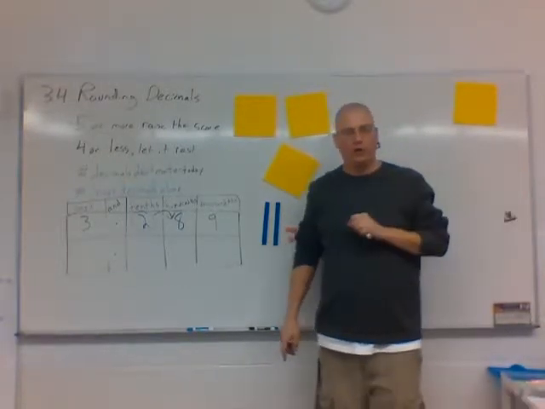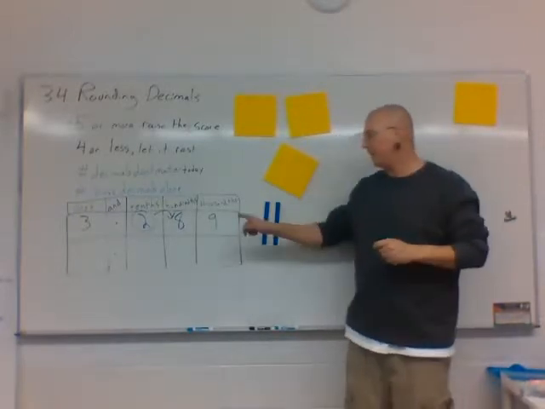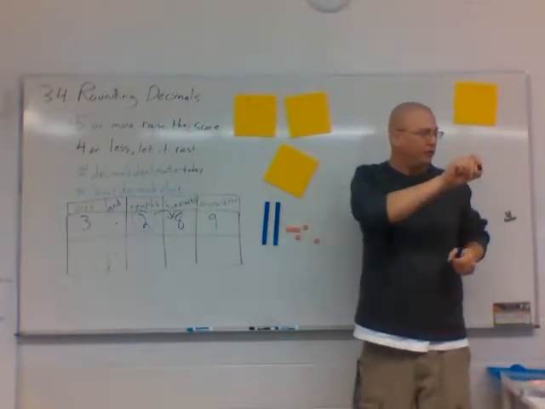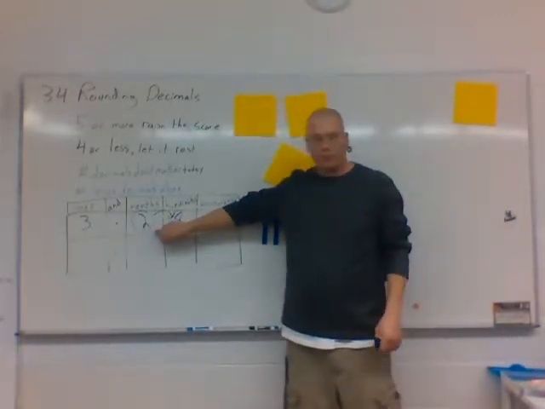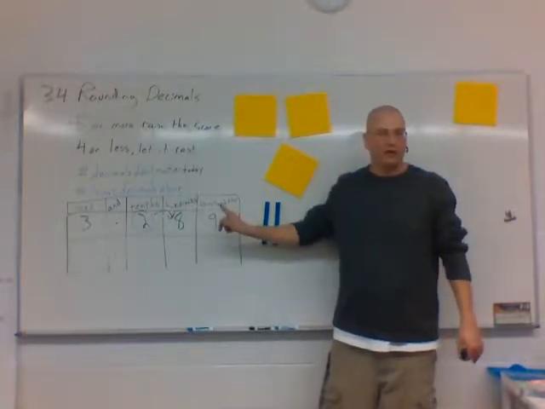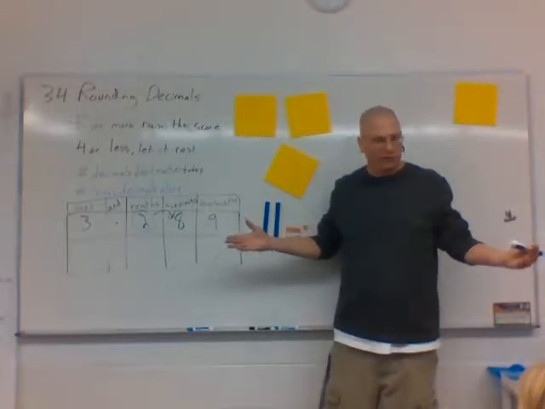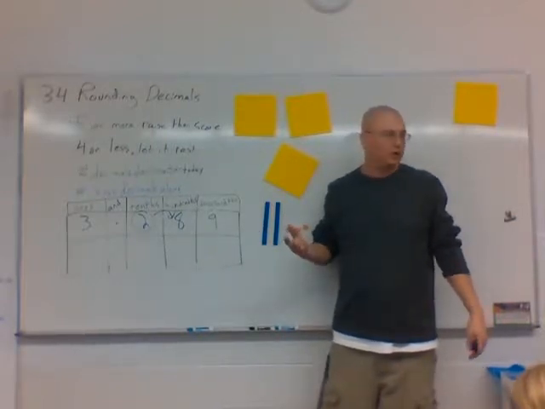But think about how little a thousandth actually is. If you could cut this into 10 pieces and take 9 of them, you still don't even have one of these, right? So if we are going to look at this place value and round it using this place value, is there enough stuff here to change our mind or influence us in any way? Or is it just a whole bunch of really little stuff that we're going to go ahead and drop anyway?